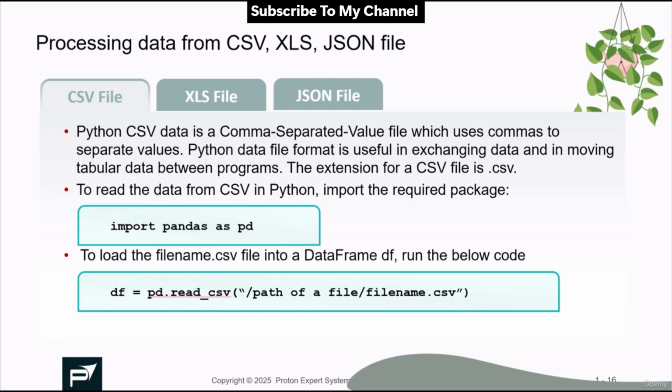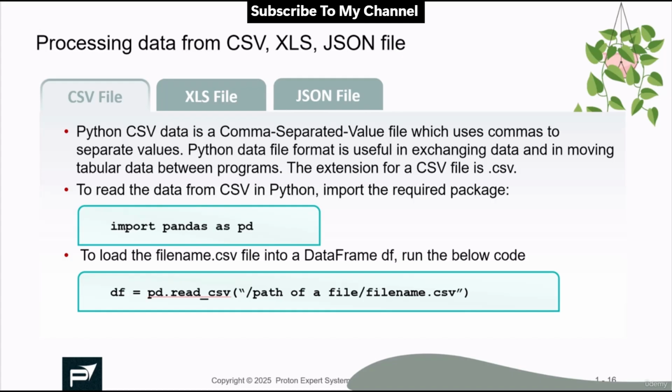The extension for a CSV file is .csv. To read the data from CSV in Python, import the required packages such as import pandas as pd. To load the filename.csv file into the data frame df, run the command df = pd.read_csv by providing the path of the file and filename.csv.